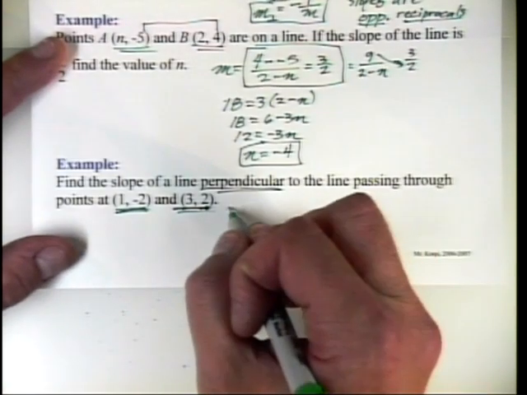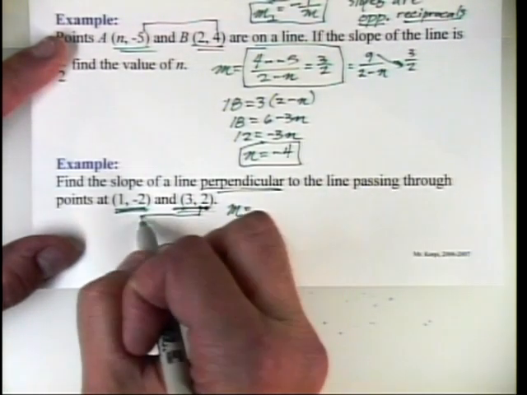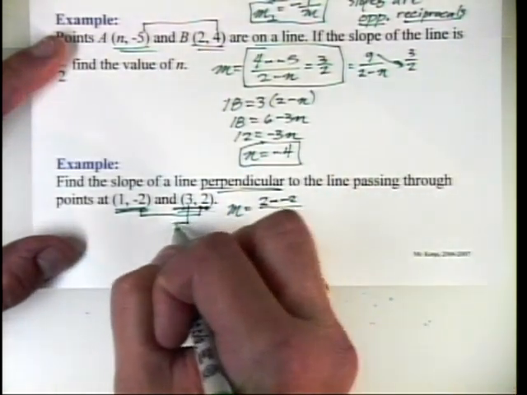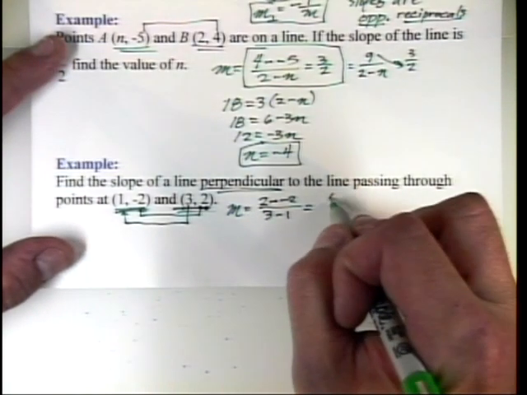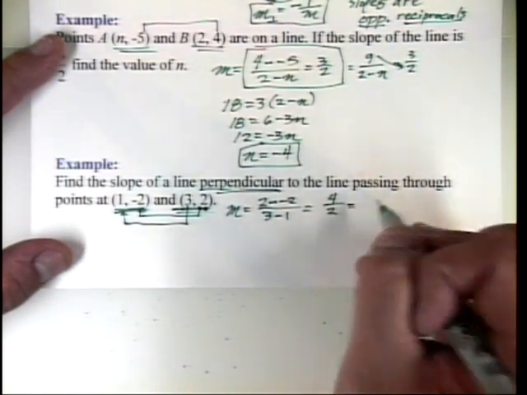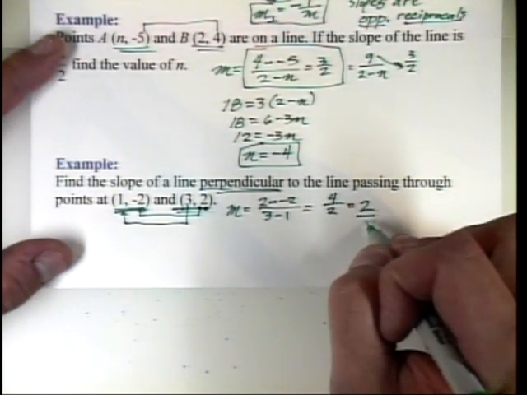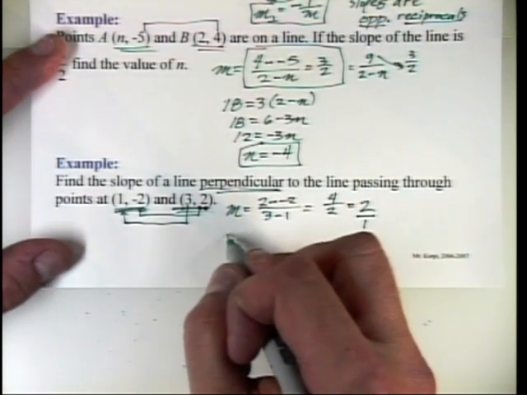So let's do that. m, the slope between these 2 points, again, change in y values, 2 minus -2, over the change in the corresponding x values, 3 minus 1. So that's going to be 4 over 2, which is 2. So if the slope is 2, or 2 over 1, how do I generate its negative reciprocal or opposite reciprocal?